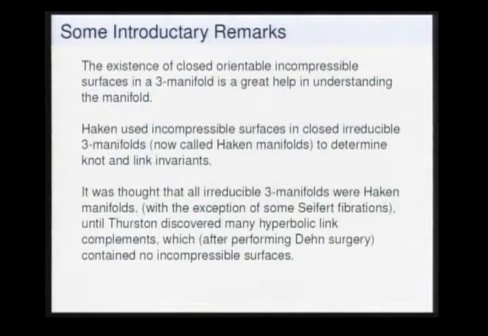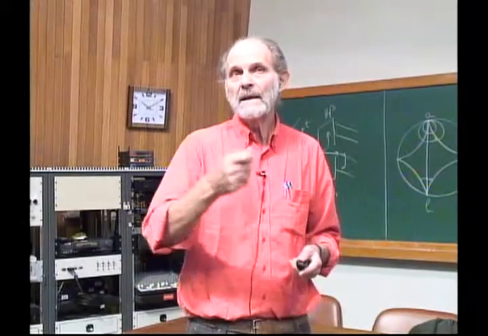And for a long time, people thought that any irreducible 3-manifold was a Haken manifold, except for some cyclic fibrations. And Thurston discovered many hyperbolic link complements of links in S3, which indeed contain no incompressible surfaces after you make them compact by doing Dehn surgery. So these manifolds had no incompressible surfaces. Now, if you take a manifold N like this and you take a totally geodesic surface in there, it's necessarily incompressible.